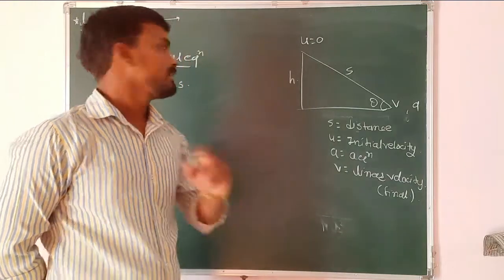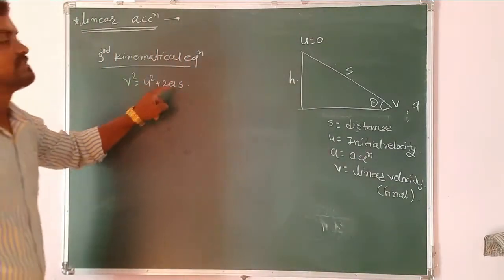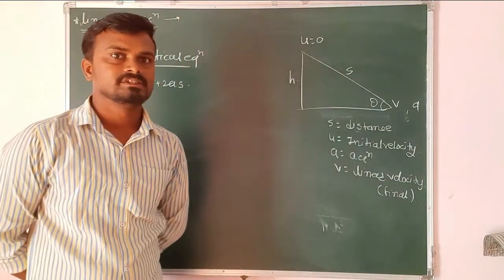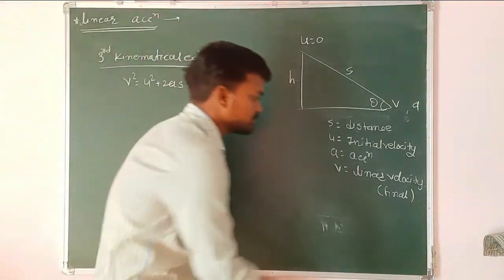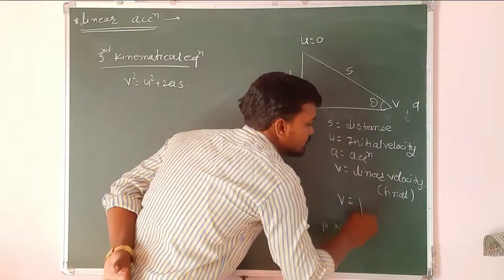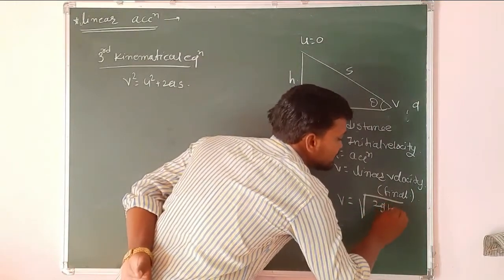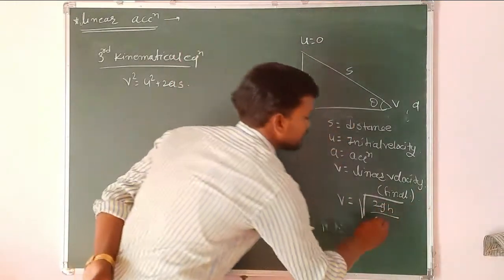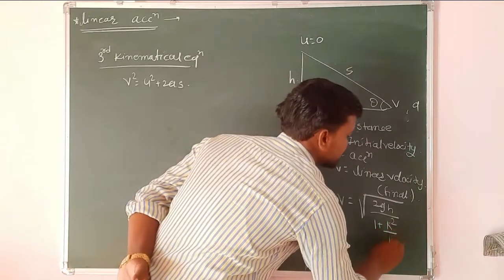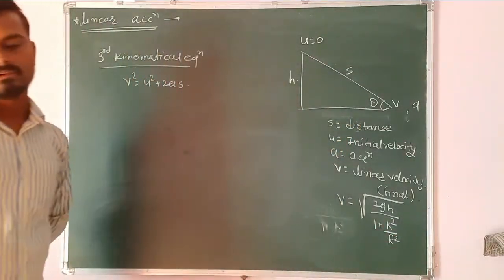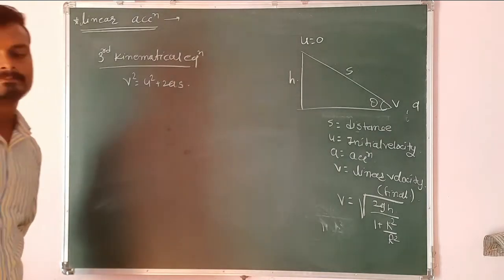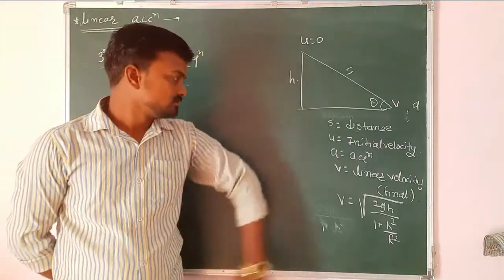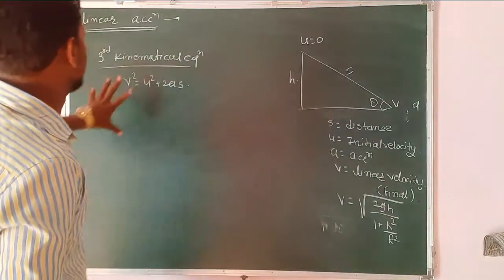And we have the third kinematical equation: v square is equal to u square plus twice as. Before that, we have the equation v is equal to under root twice gh upon 1 plus k square by r square. This is the expression for v which we have. Now put all those values in this equation.